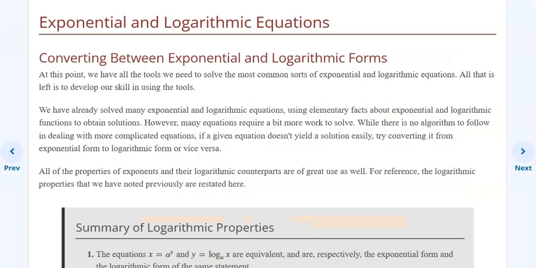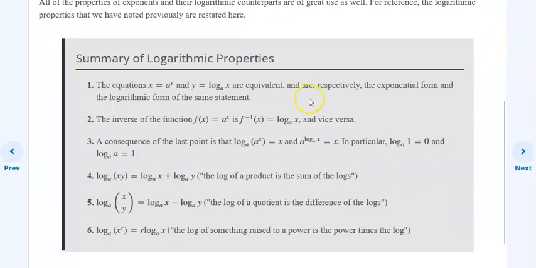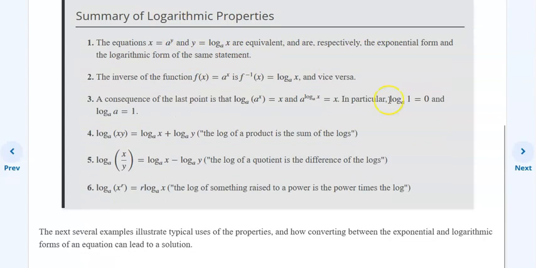So as you see, it's a rather good review of what we've been doing so far. And then going back to the text of Learn, again, you can pause, read this, scroll up a little bit, and there is a listing again of the logarithmic properties.